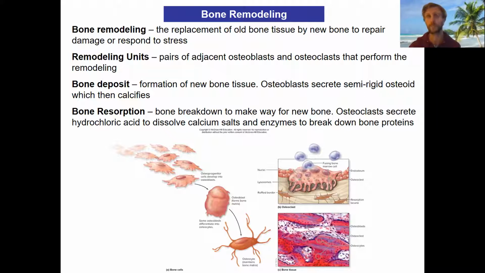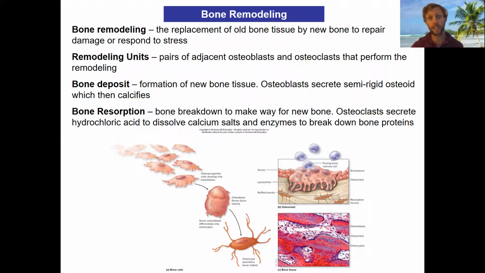So here's the idea. Let's say we have an area of bone tissue that is relatively older or that has some little micro damages in it. That's where osteoclasts would want to come into that area and begin the process of bone resorption. How do they do that? Well, osteoclasts have the ability first to secrete hydrochloric acid.